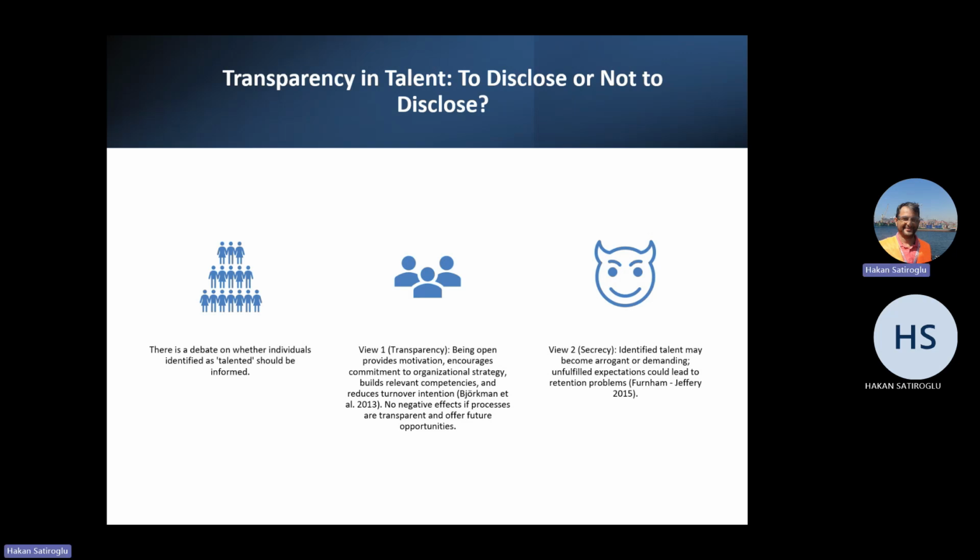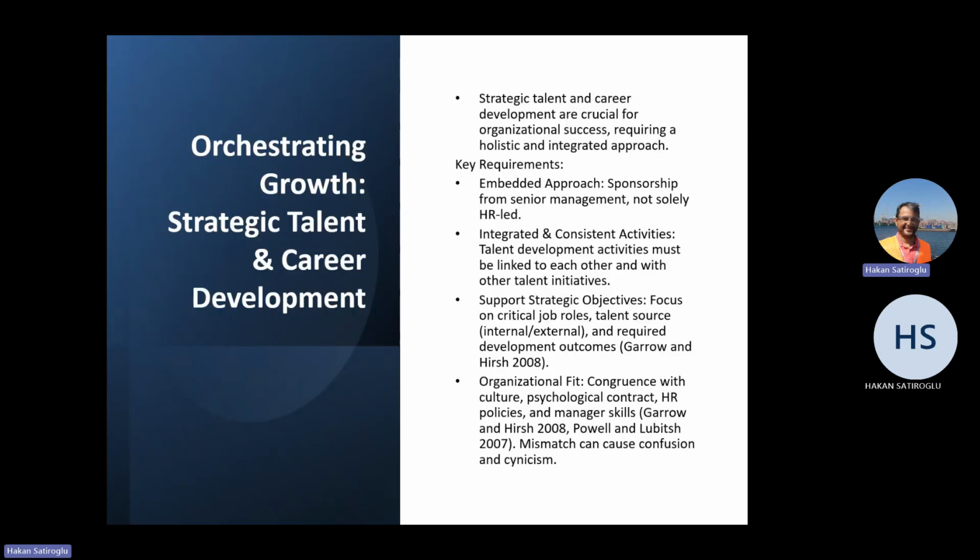With a transparent talent pool, you will see more motivation among talented people. If it is kept secret, you can lose those talents because you didn't tell them they are going to be managers or potentially have a good career in the future. So this is the discussion. I don't need to mention more because this is quite clear.